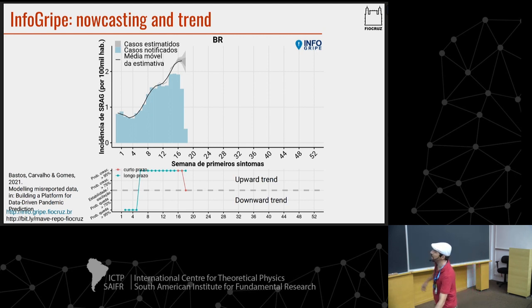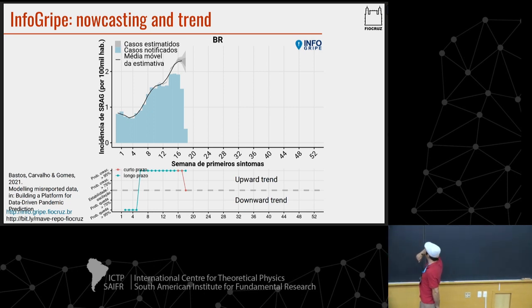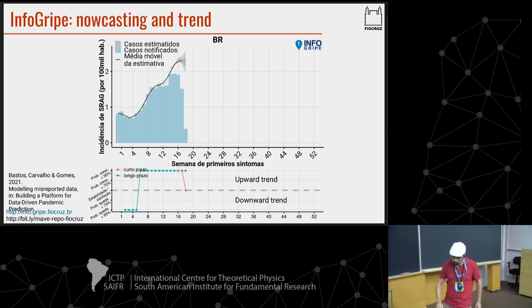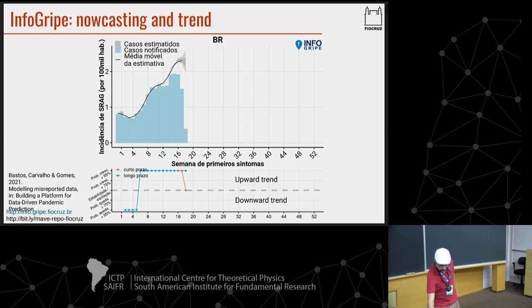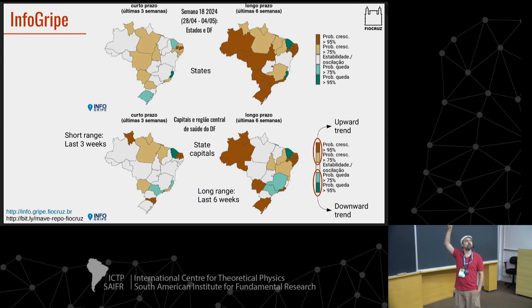So what we do, and it was the idea behind this trend analysis here, upward and downward trend, is that along with those curves, we provide an infographic that is just based on the projected trend, okay?